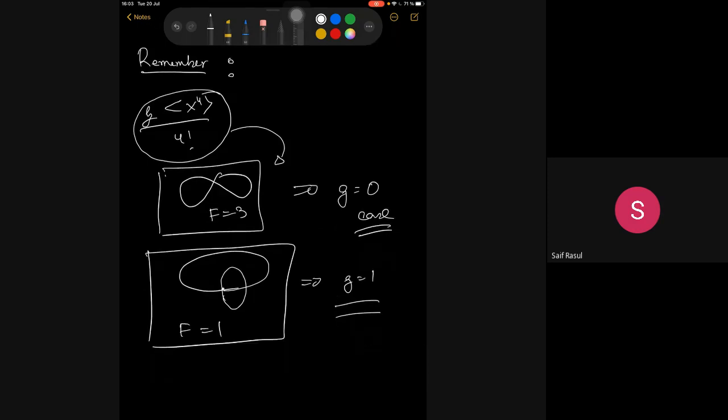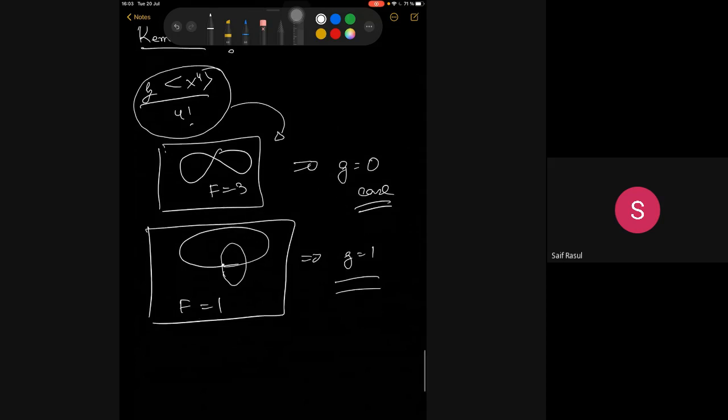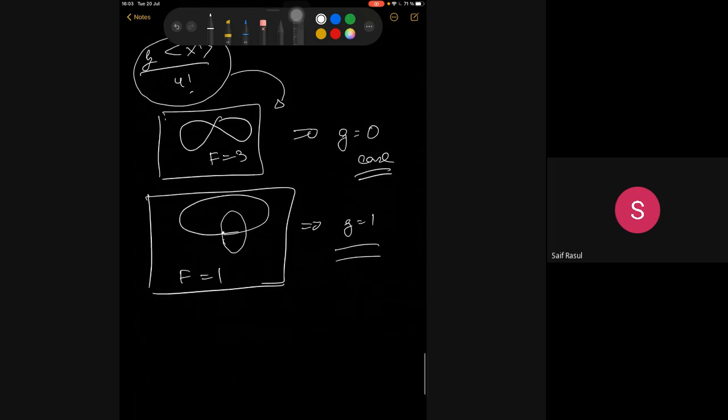So keep hold of this: the same graph, when transformed to a map, has different numbers of faces, and of course in different genuses. So we need a way to keep track of the number of faces, for example, in the same way we keep track of the vertices.